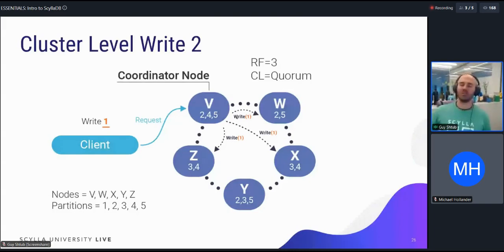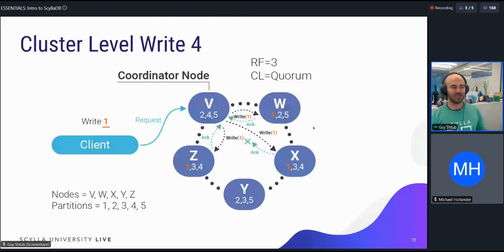Please write data 1 to those 3 nodes. Those 3 nodes, in this example, successfully write the data and add it to the existing data. And after they write the data, they send an acknowledgement back to the coordinator node saying the write was successful.